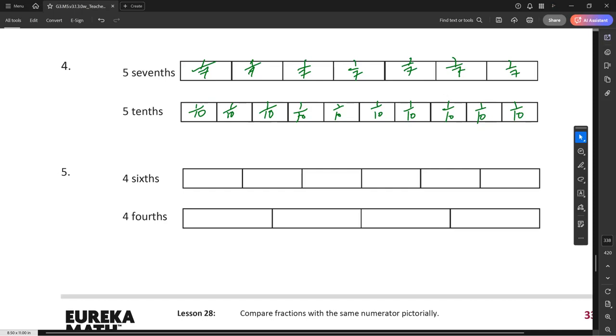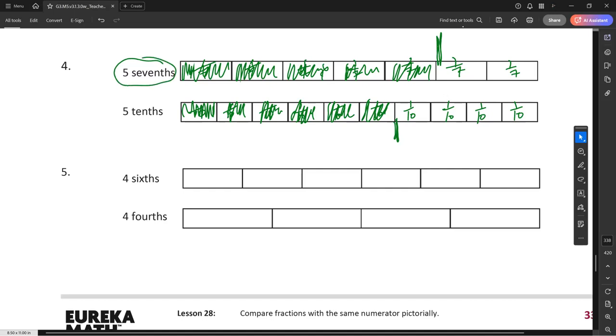So I need to shade 5/7 and 5/10. Okay, you can see 5/10 ends here. You can see 5/7 ends here. So 5/7 is larger.